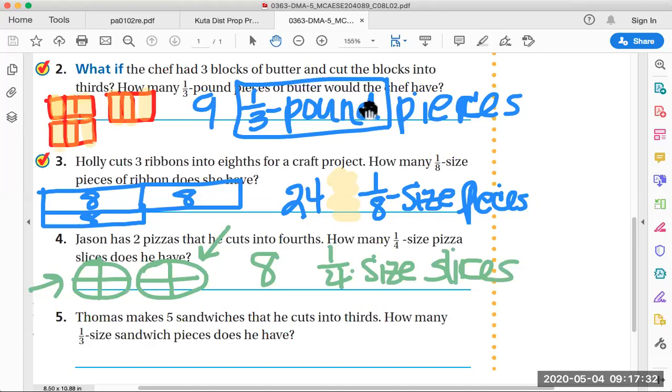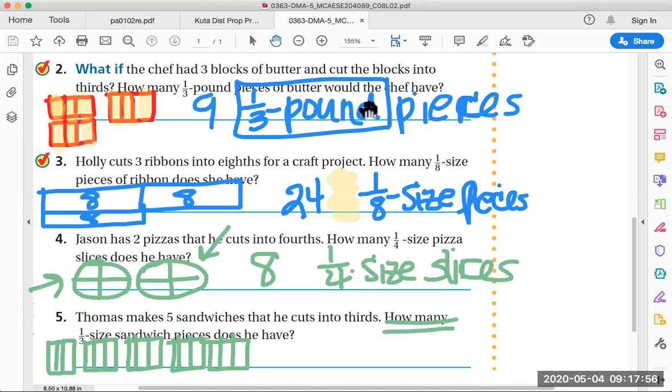Okay, and the last one. Thomas makes 5 sandwiches that he cuts into thirds. So I'm just going to do 1, 2, 3, 4, 5 slices, and each of them are in 3 equal parts. How many 1/3 slice sandwich pieces does he have?